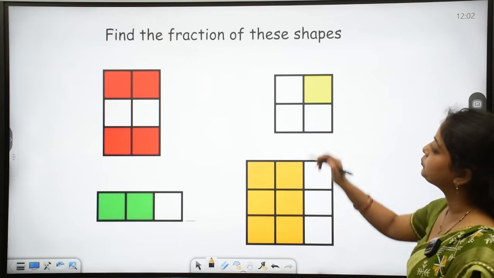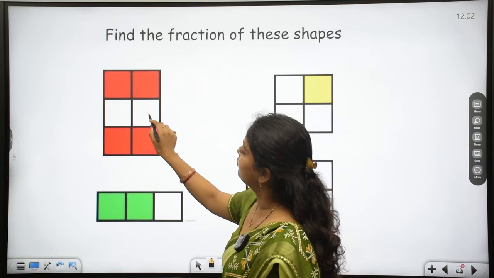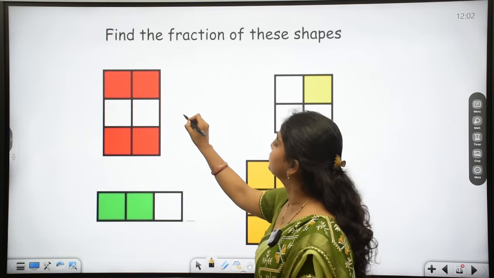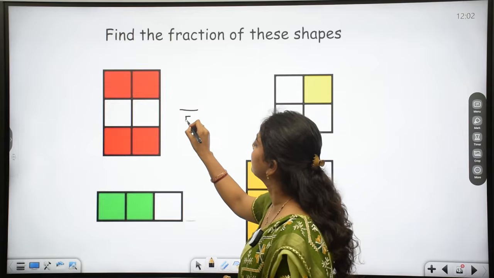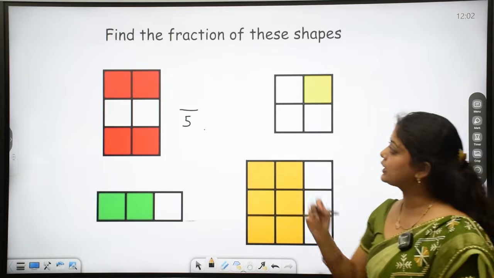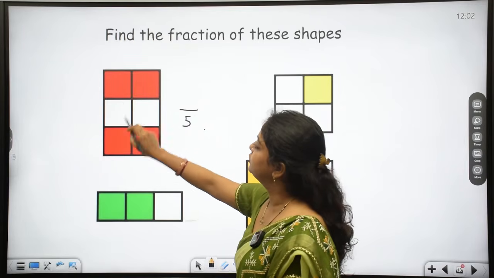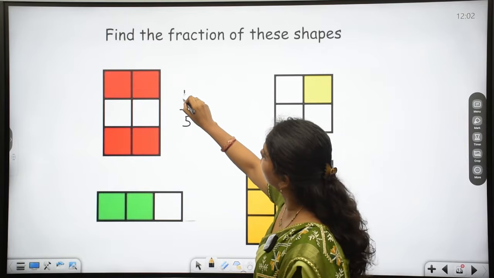Let's do it. In the first one you can see 1, 2, 3, 4 and 5. Total parts are 5. In the denominator we will write 5. Now let's count how many parts are shaded. 1, 2, 3 and 4. So in the numerator we will write 4.